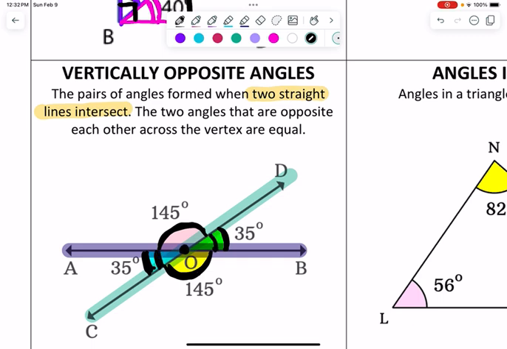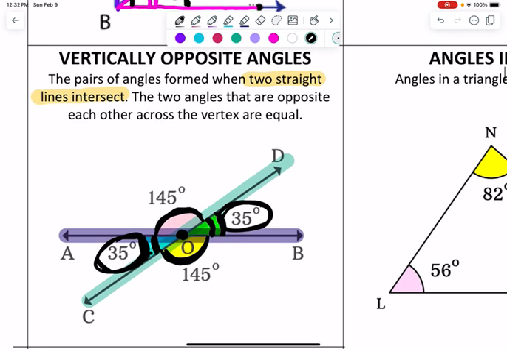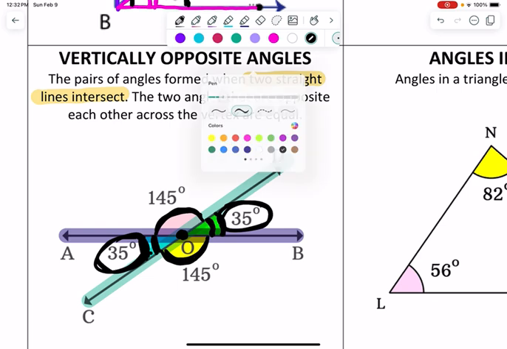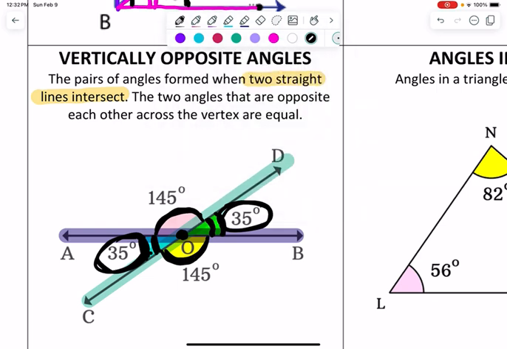So my vertex is that corner in the middle. Opposite is kind of like the word across. These two angles will always have the exact same measure. They will be the same size as each other. Or we can say they are congruent. Congruent is a word meaning that they are the same shape and the same size.